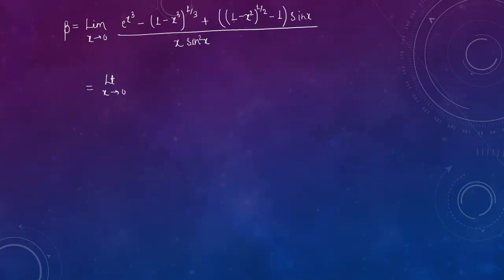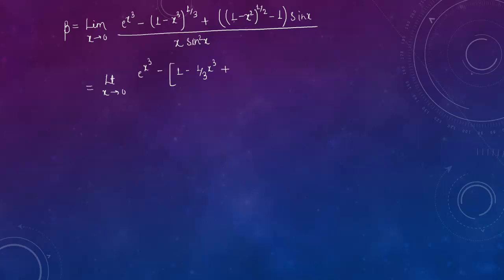If we apply the binomial expansion here, what will come is 1 minus 1 by 3 x cube, and again plus; it will be minus x cube, so I have taken minus here.